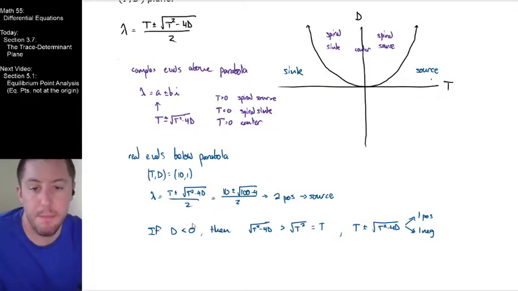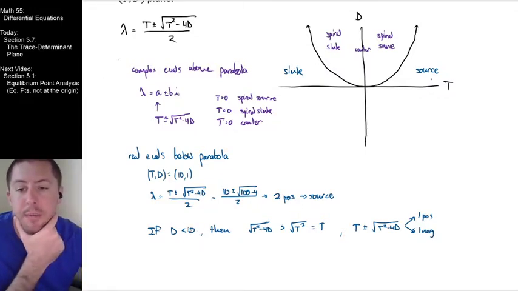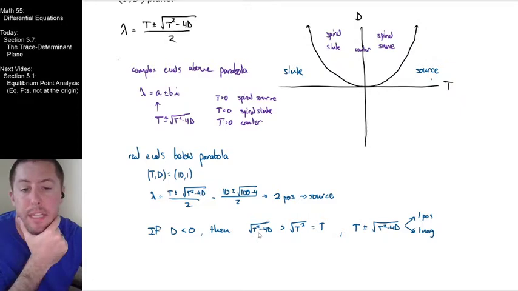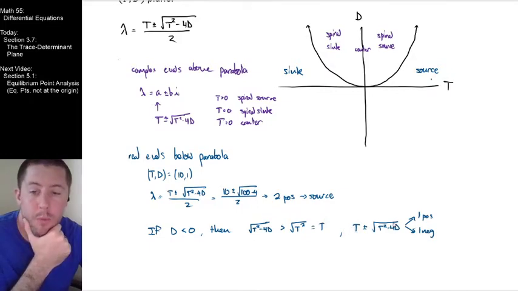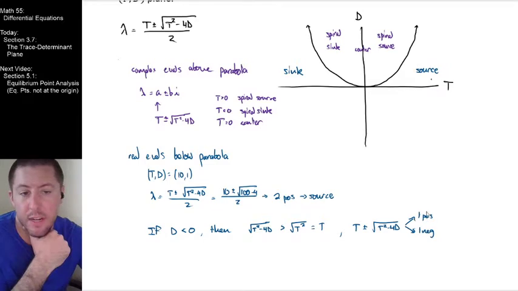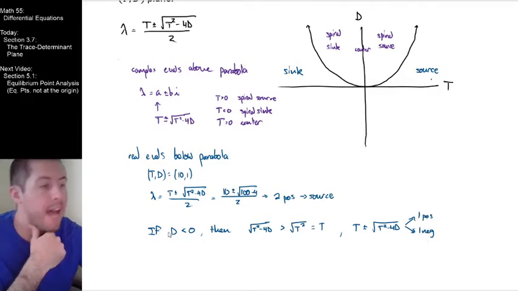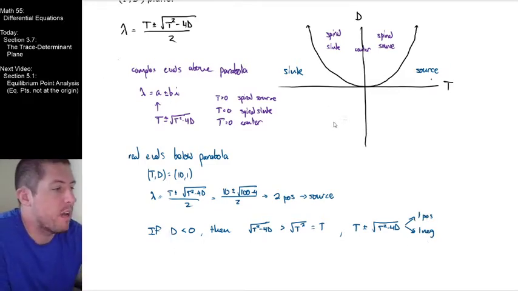So again, my logic for this: if the determinant is negative, then when you take the square root of t squared minus 4d, it is actually bigger than t. So when we do t plus that quantity, we get a positive, but when we do t minus that quantity, this quantity is bigger than t, so we're subtracting more than t has, so it's going to result in a negative. So we're getting one positive and one negative anytime the determinant is less than 0. So it seems like anytime the determinant is less than 0, we're going to get saddles.